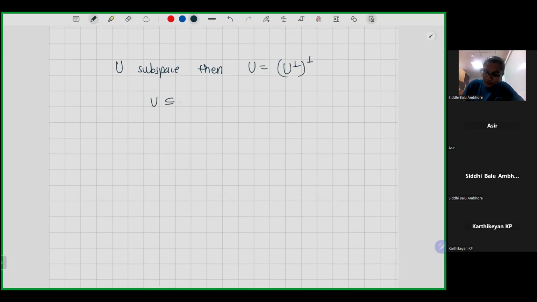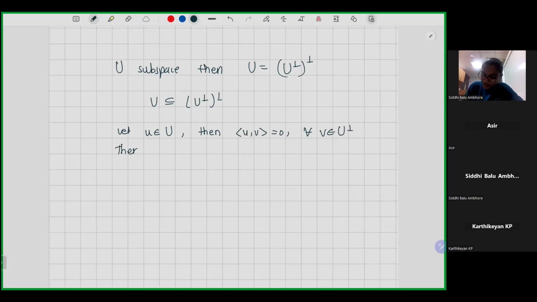We will first prove that U is contained in U perp, right? So let U belong to U perp. Then what does that mean? Then U comma V is equal to 0 for all V in U perp, right?